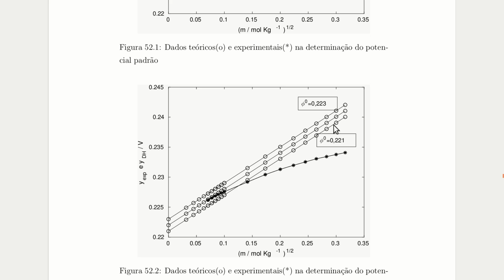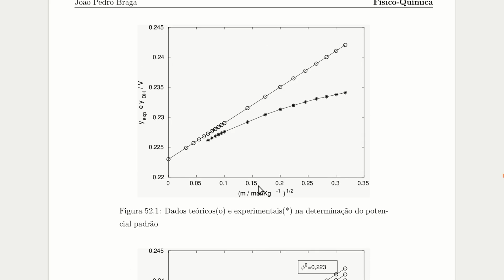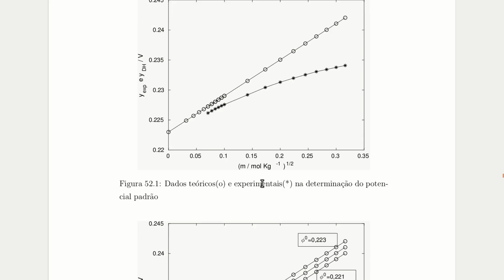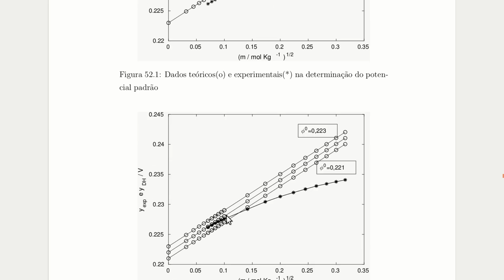And you have to try, by trial and error, to find the right point here. That is for 0.221. That's for 0.223. And it is for 0.222. Well, I think it's difficult to say, but it is clearly something between 0.222 and 0.223.